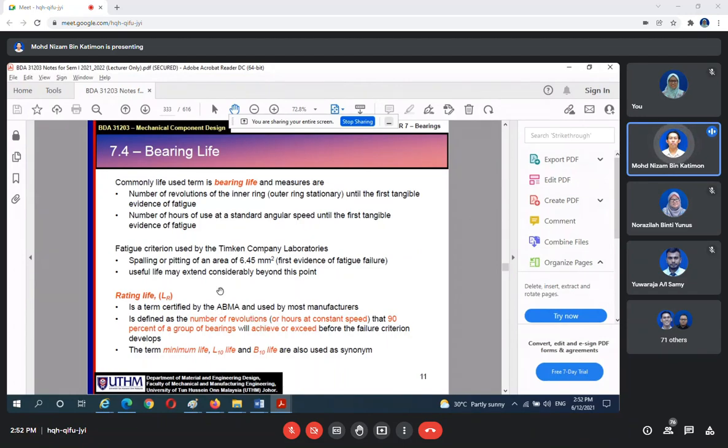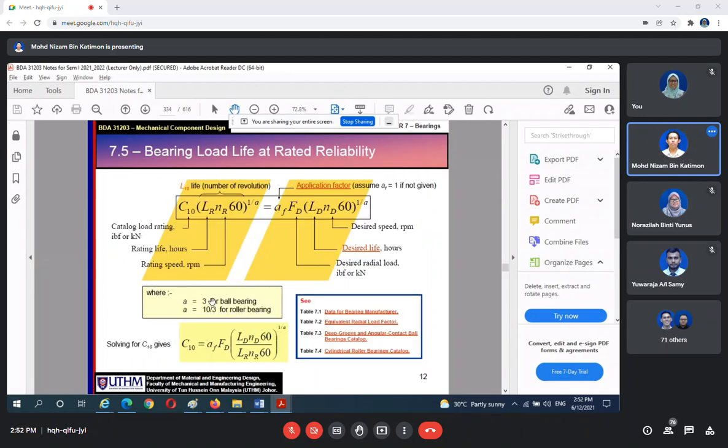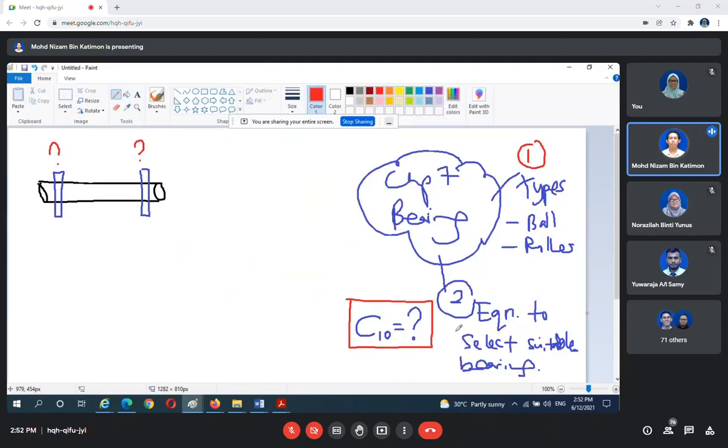So from this definition, we find the load rating for the bearing using this equation. That is point number two in the bearing chapter.